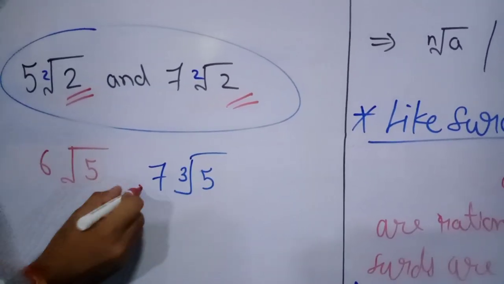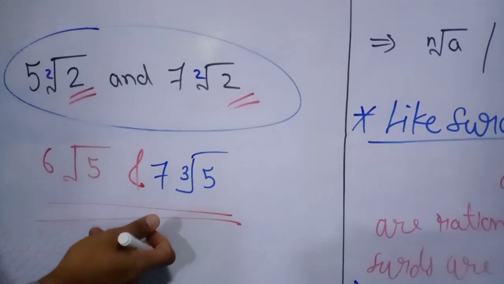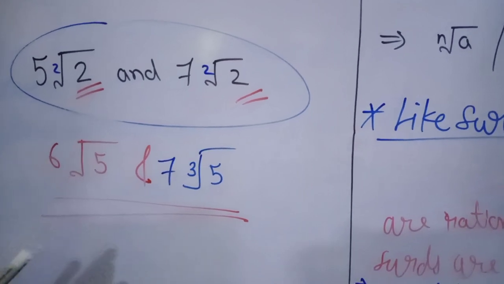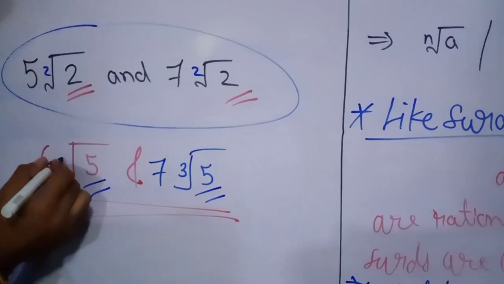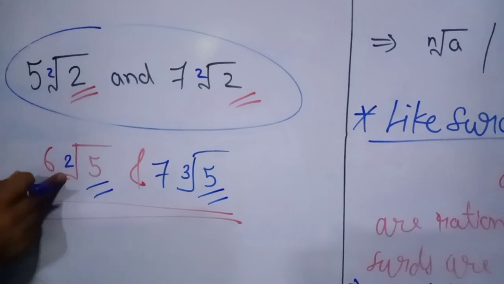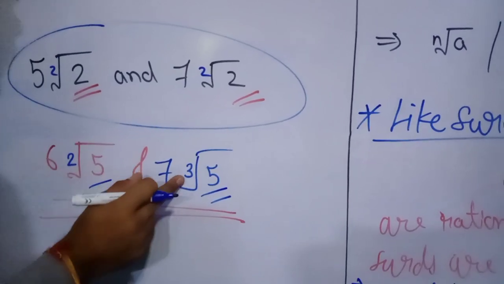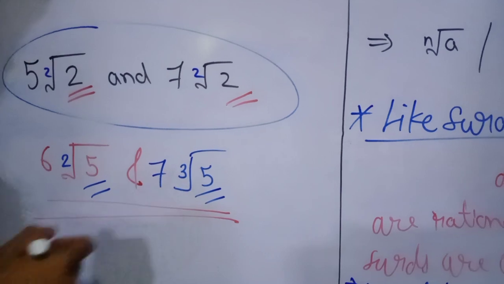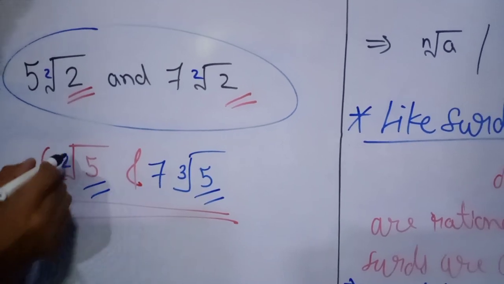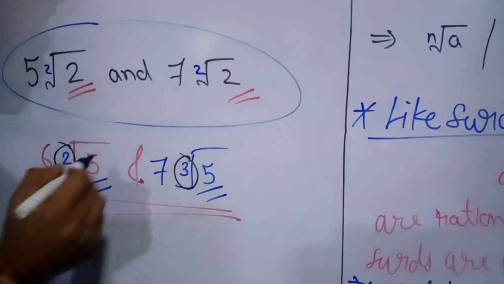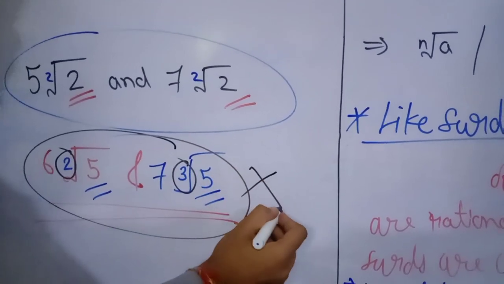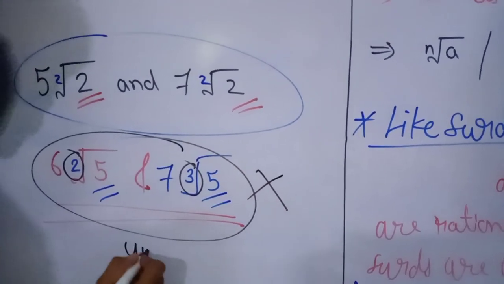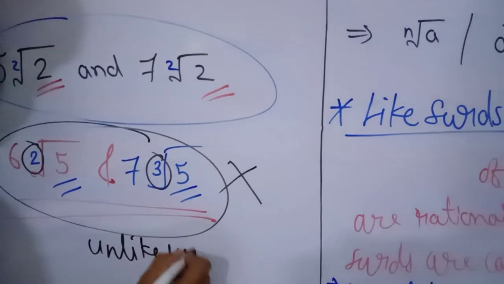So can we say whether these two are like surds or unlike surds? First we are going to check. We have the same radicands, yes, but here nothing is showing, means the order is 2, and here we have the order 3. So these two are different. So these are not like surds. So this is our unlike surds.